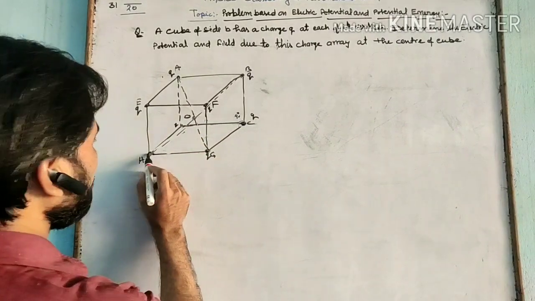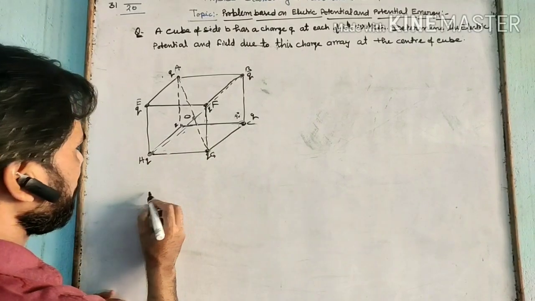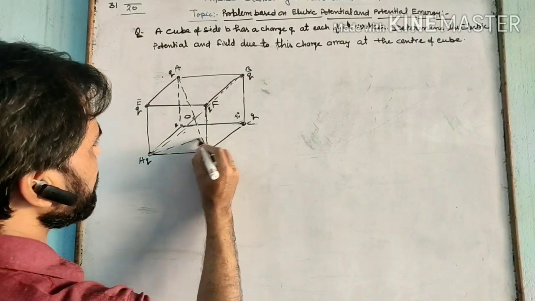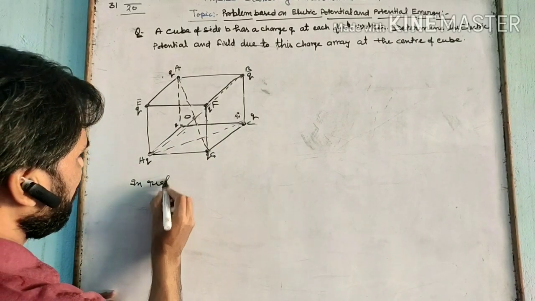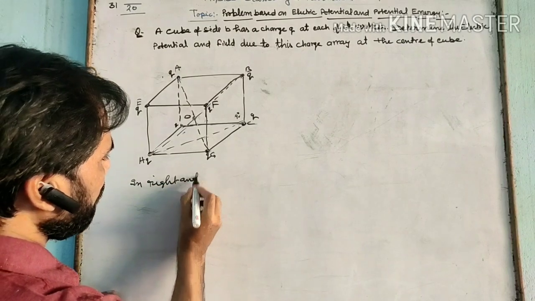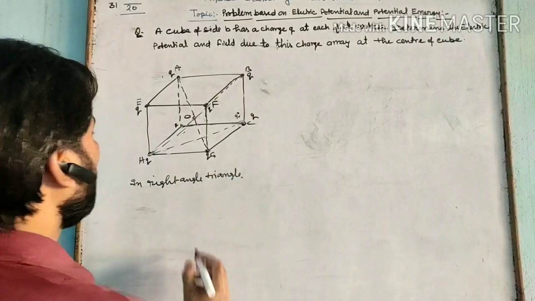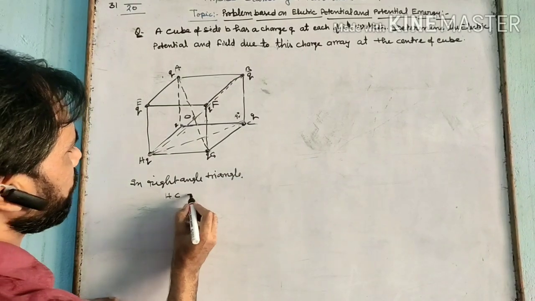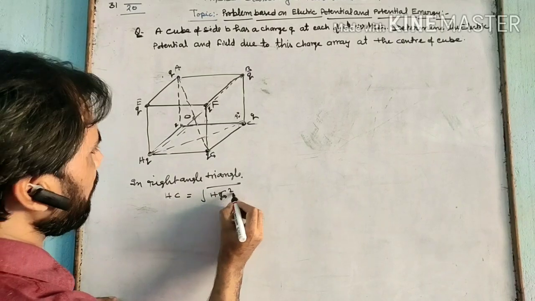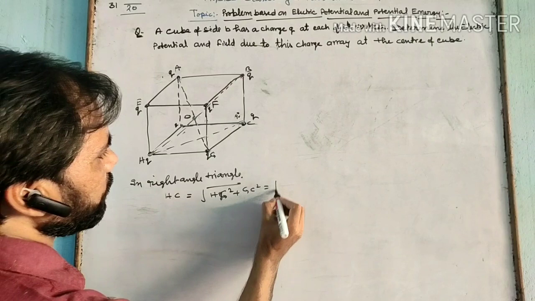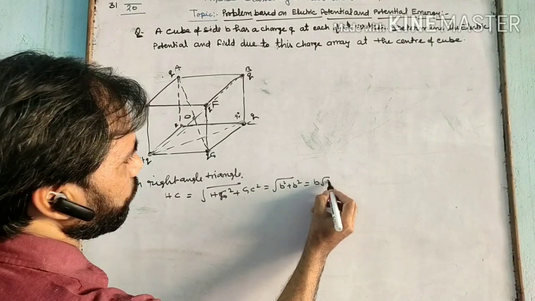And in this figure, HGC, okay, if we join this, in the right angle triangle, HC is equal to under root HG square plus GC square, that is equal to b square plus b square, that is b under root 2.